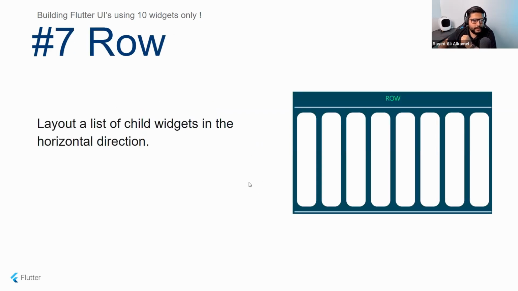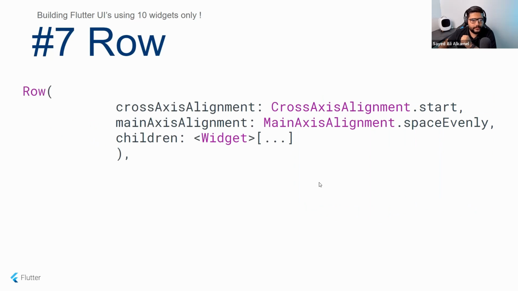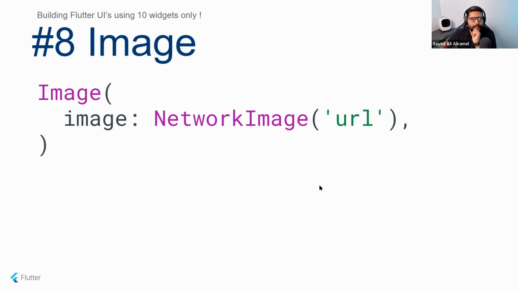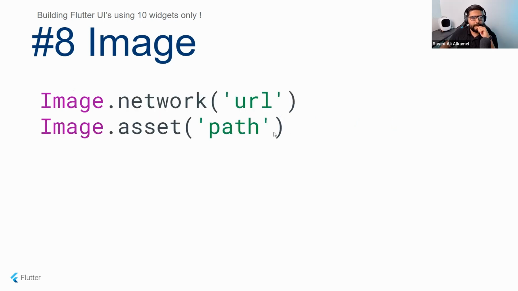Row is the next widget, similar to the column widget. And Image is one of the widgets here, using the Image widget with Image.network and a URL, or you can use the shortcut, which is Image.network, giving it the URL path.